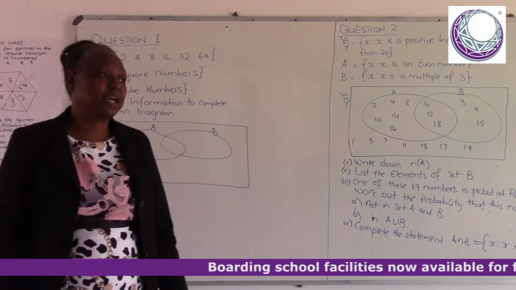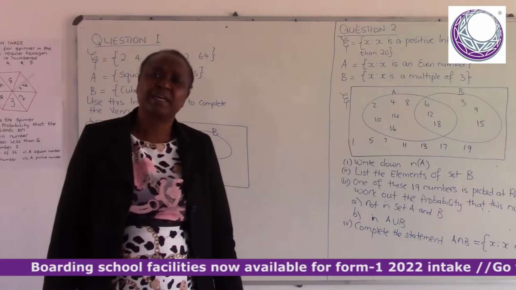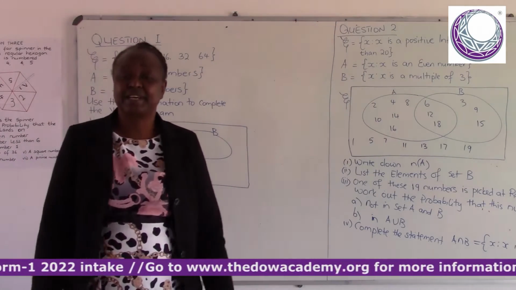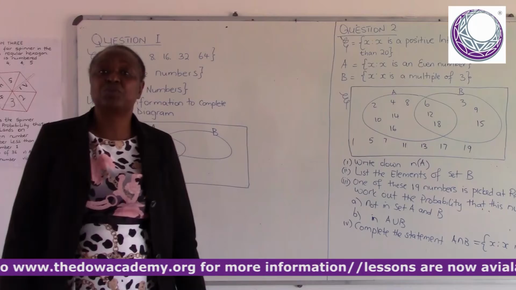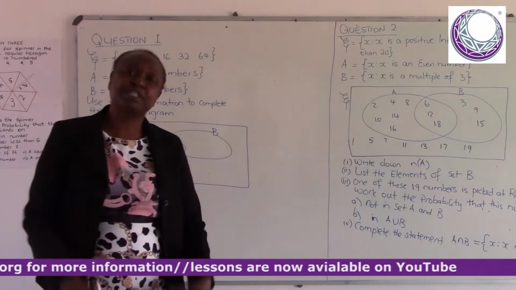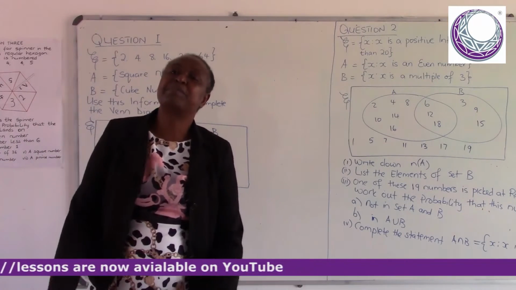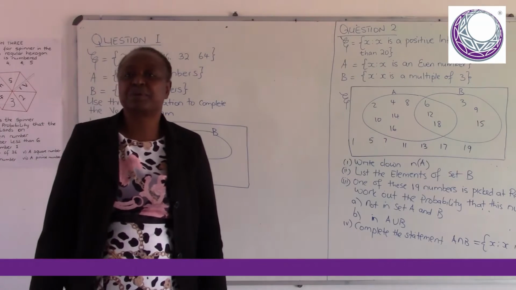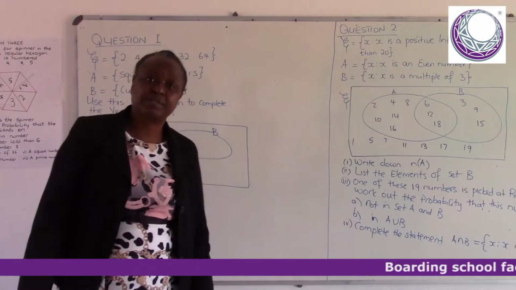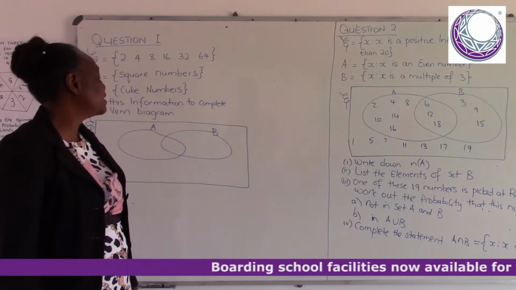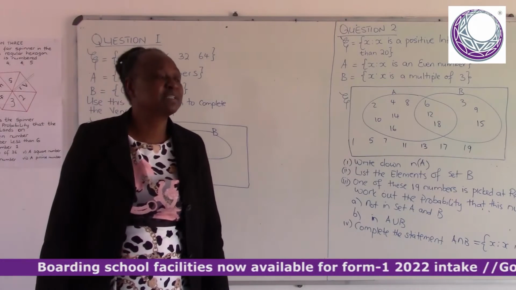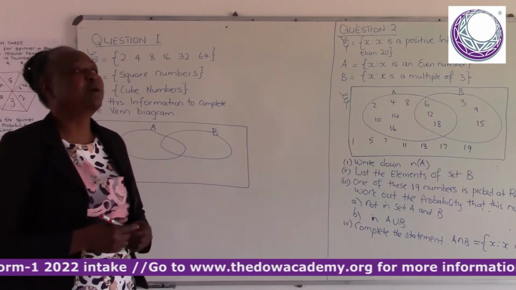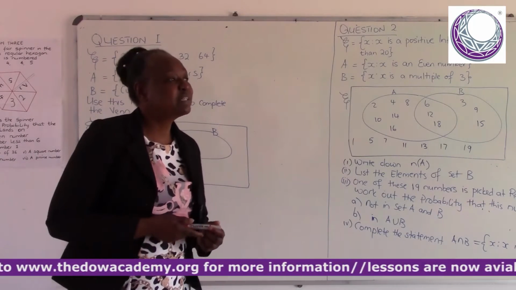So my first question is a question on sets. Actually, I have a Venn diagram here, but the question is whereby my E, which is my main set, is a set that is made up of the numbers 2, 4, 8, 16, 32, and 64. So when we just look at those numbers, we should try as much as we can to remember them, the way we know them.